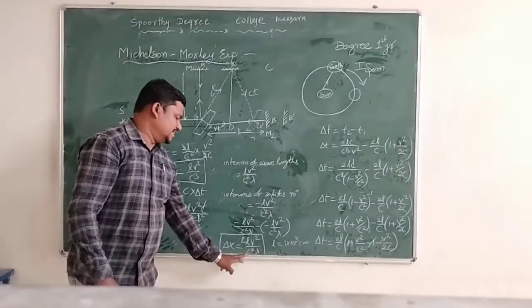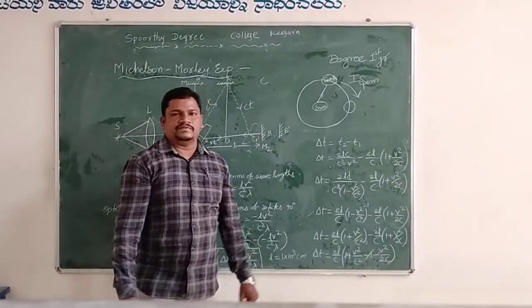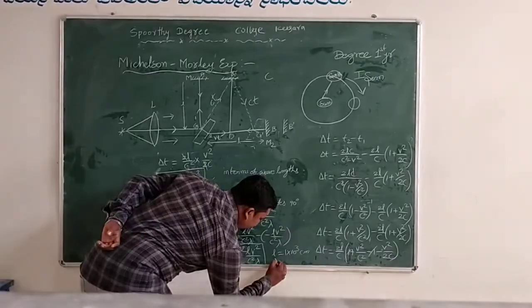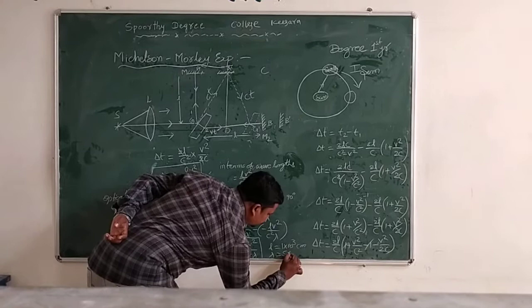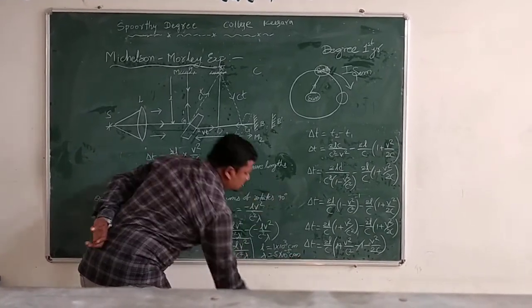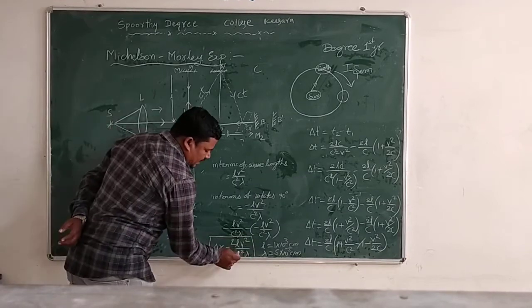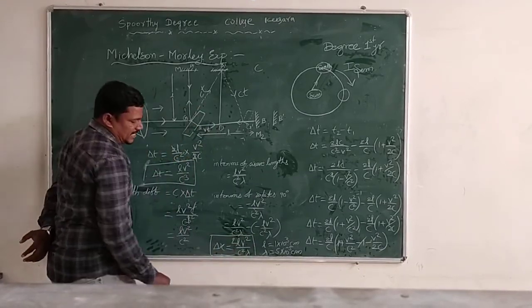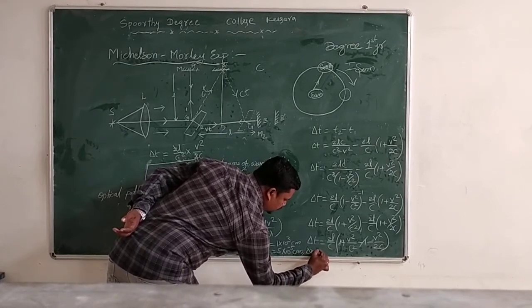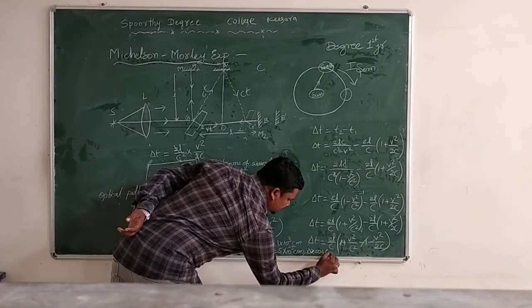C value, velocity of the light, is 3 into 10 to the power of 10. Then lambda value is 5 into 10 to the power of minus 5 centimeters. Then apply these four values in delta x. We get the value delta x equal to 0.4 fringes.